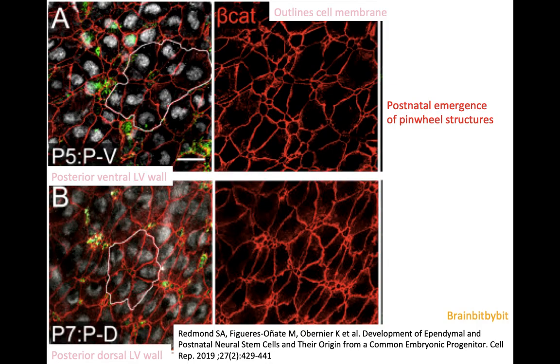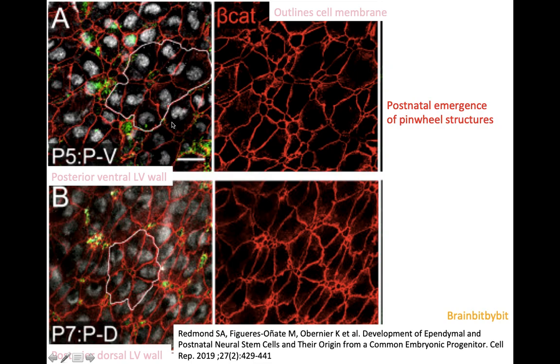When I was looking at the relation between the radial glial cells, the neural stem cells and the ependymal cells, I came across an interesting article describing how the ependymal cells become arranged in pinwheel structures postnatal.